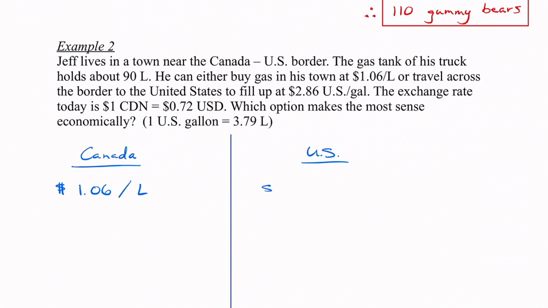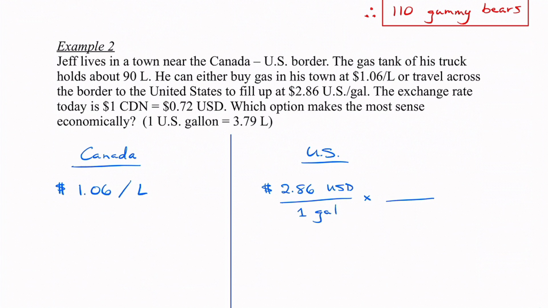So that one we're starting with $2.86, and that's in US dollars. So I'm going to put USD, that's US currency, and that is for 1 gallon. We need to convert these US dollars to Canadian dollars and also convert the gallons into liters. For this one, I'm going to use my multiplication technique. So I'm going to multiply by something.